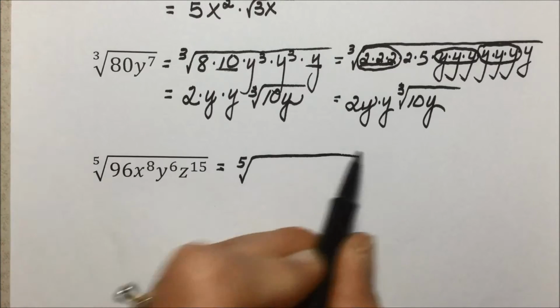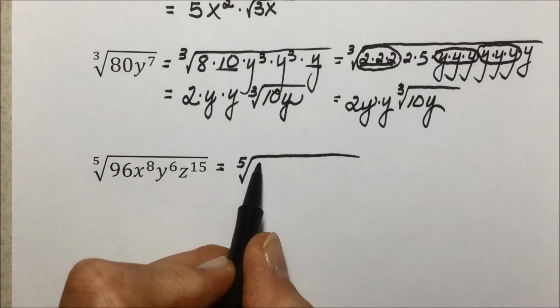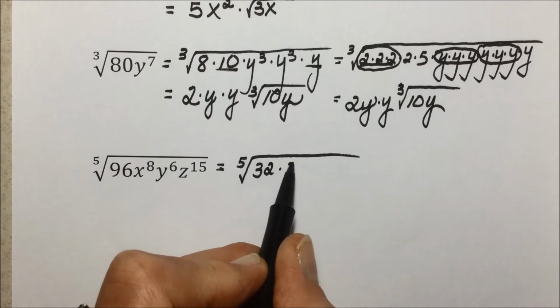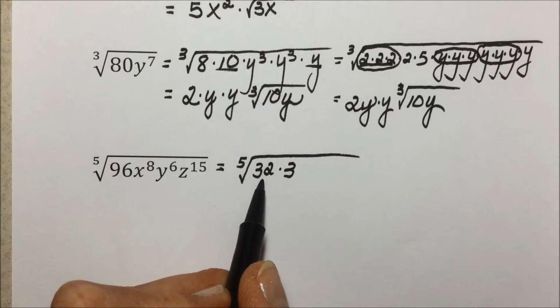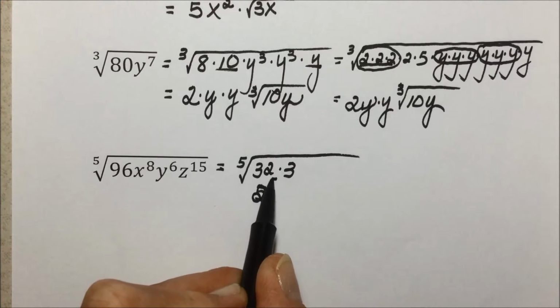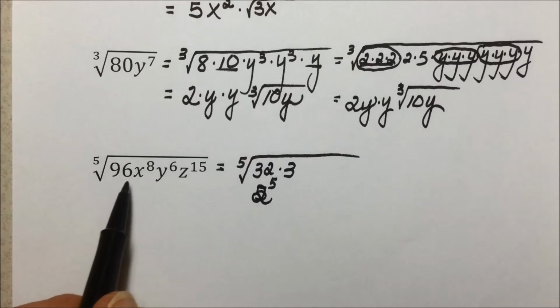It turns out that 96 is the product of 32 times 3. 32, if you break that down, is 2 to the fifth power. 2 times 2 times 2 times 2 times 2 is 32.